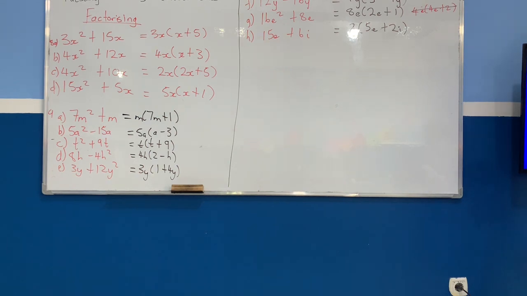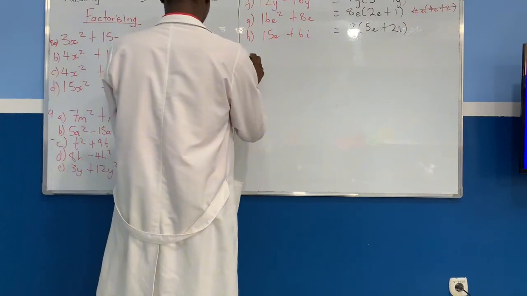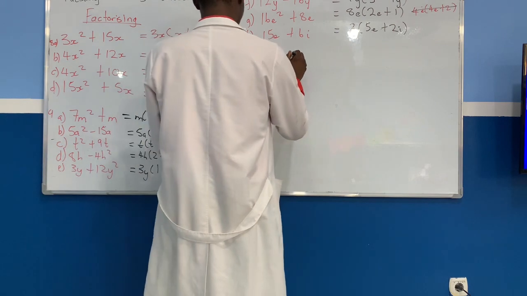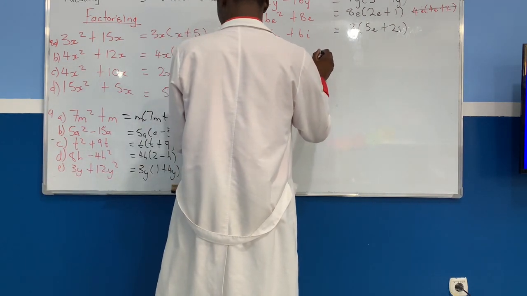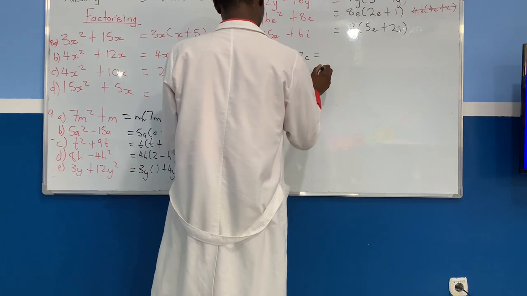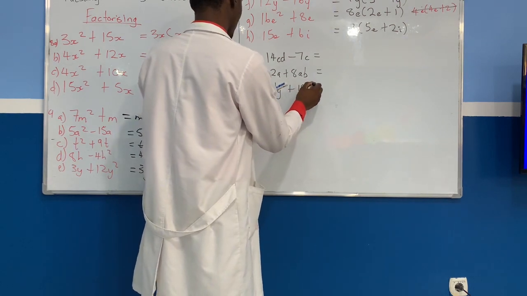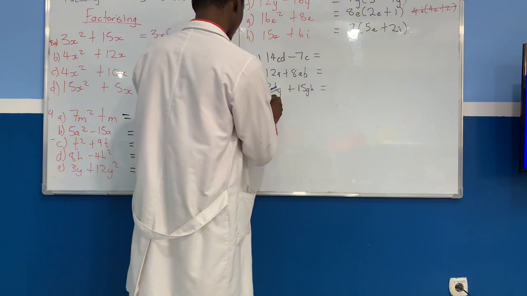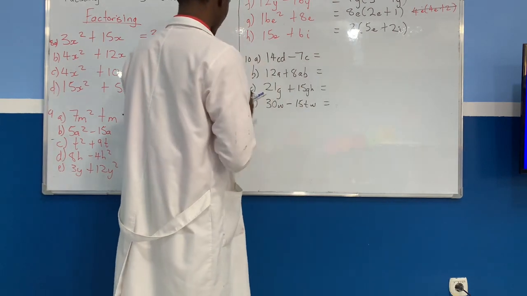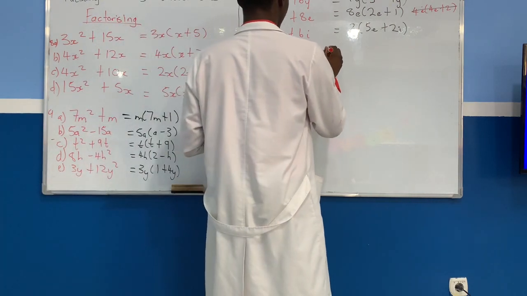Okay, let's move on. So here we see that the common factor was 7c.